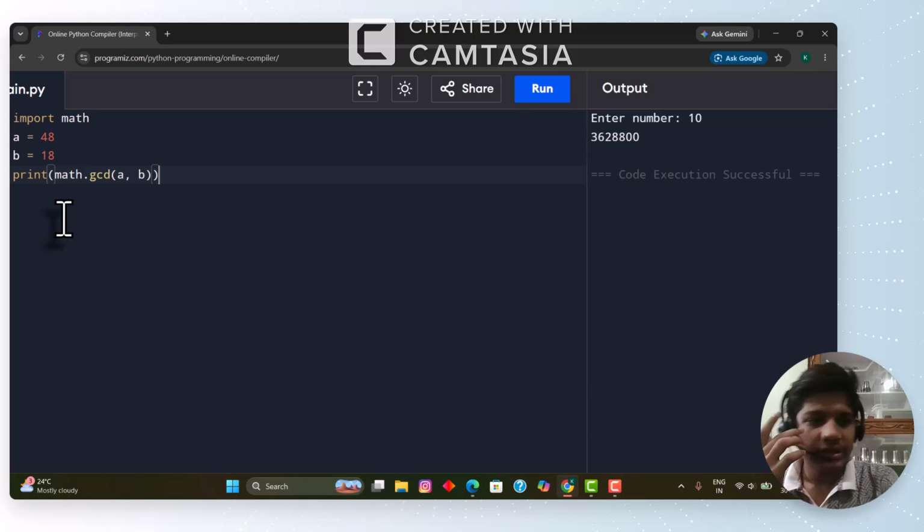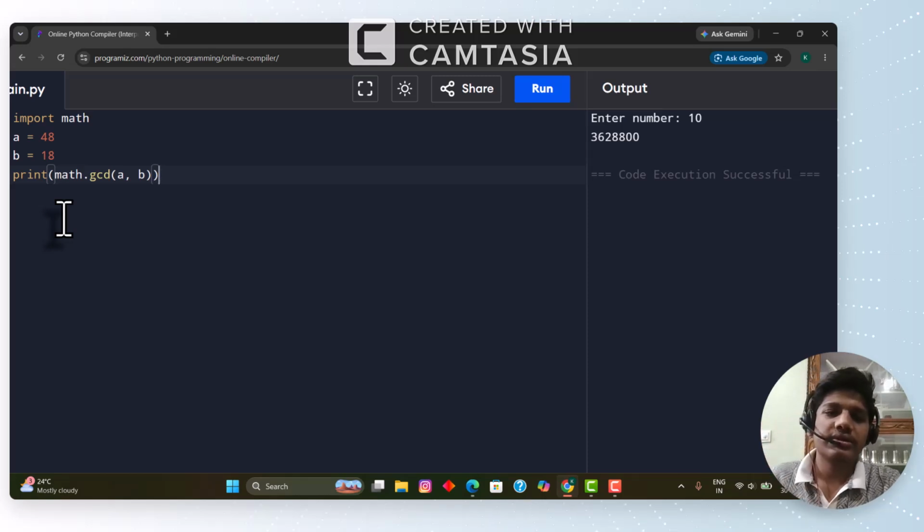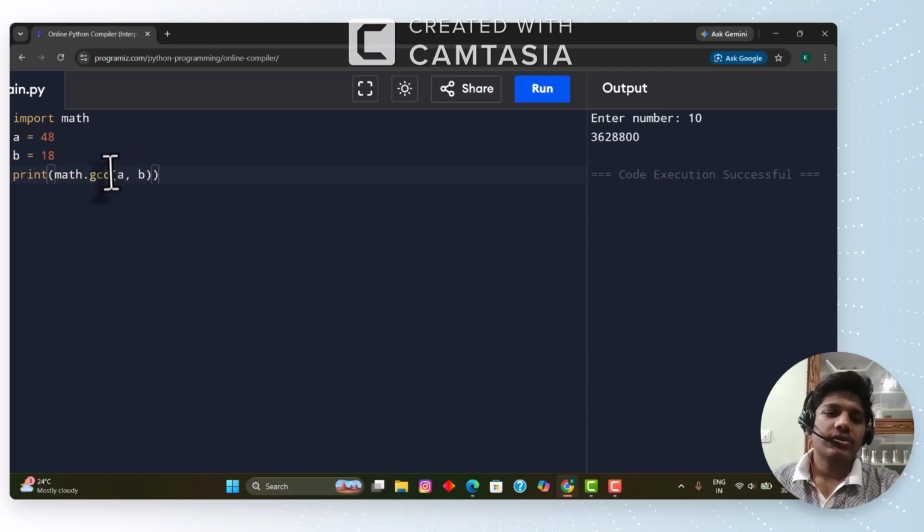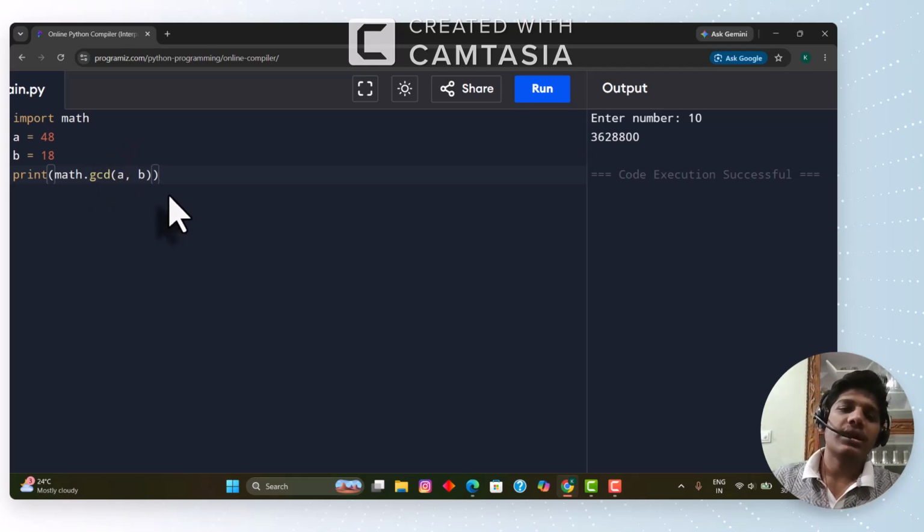So here, import math. Importing math is compulsory because we are using the functions which are inside the mathematics module. So you have to import math, and after that a equal to 48, b equal to 18. You have to give two inputs because with these two inputs it will give the answer. So inside the GCD two arguments are compulsory.